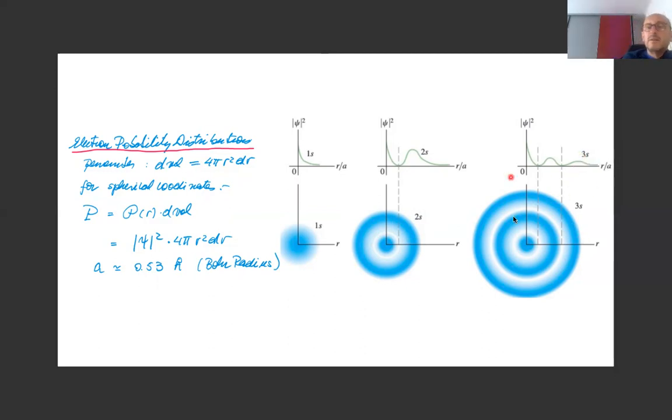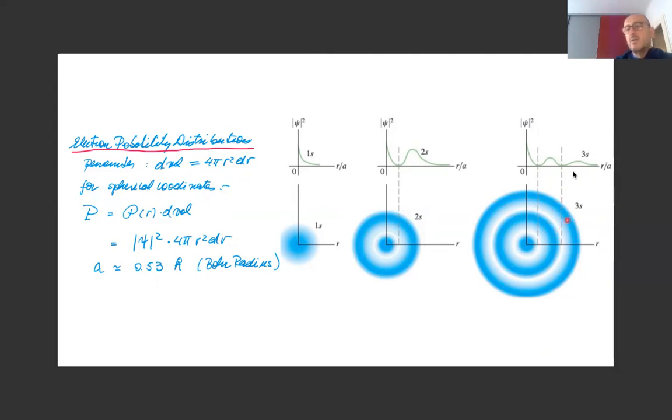So this is the wave function of that state, and you can see a very clear prediction of what the probability of finding the electron in the different positions is.